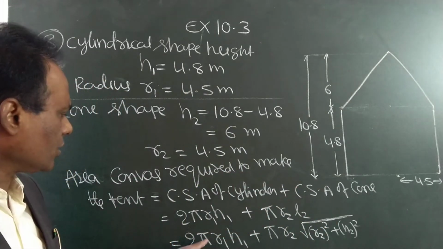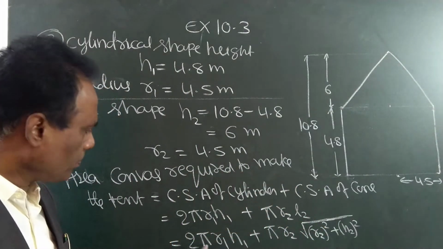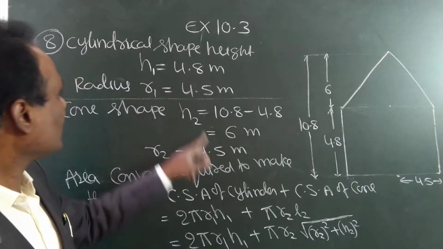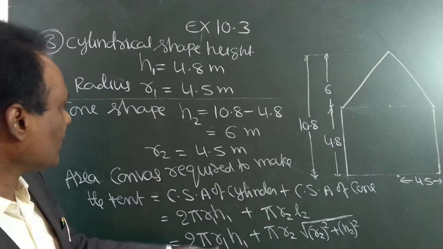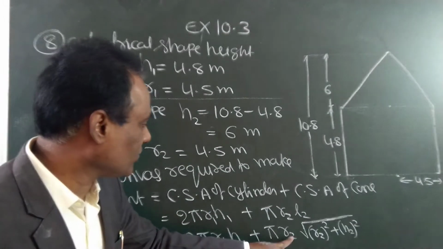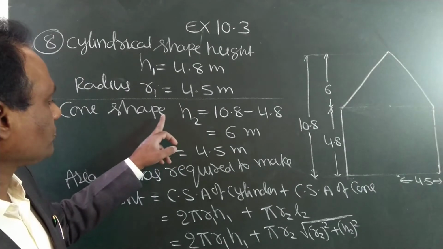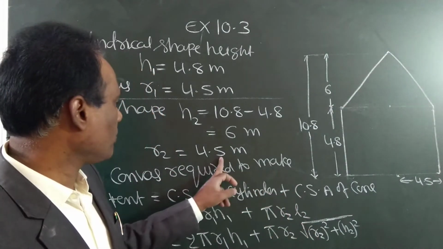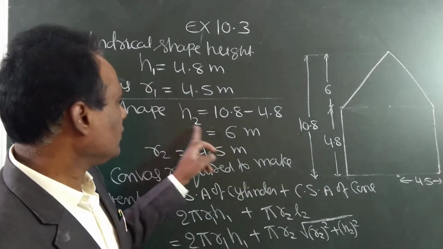All values are there: pi is 22 by 7, R1 is 4.5, H1 is 4.8, R2 is 4.5, H2 is 6.